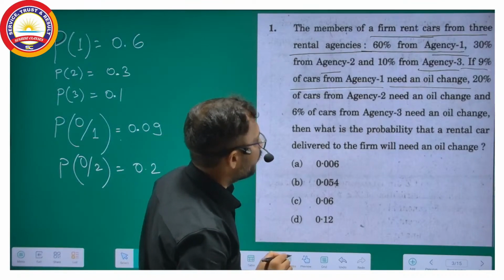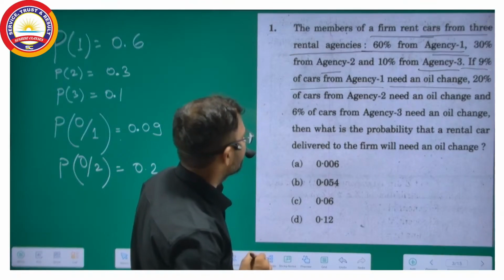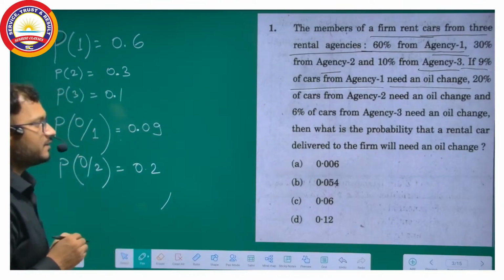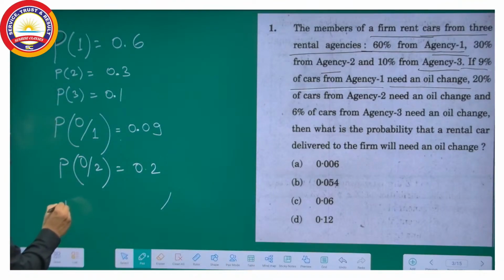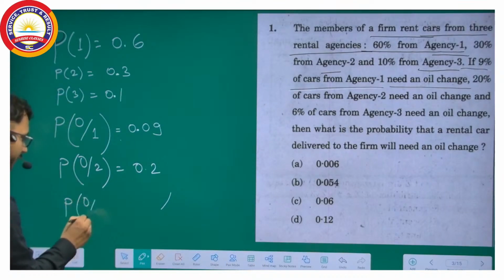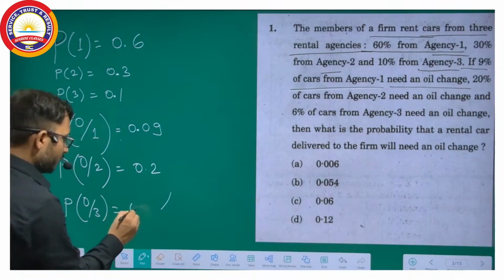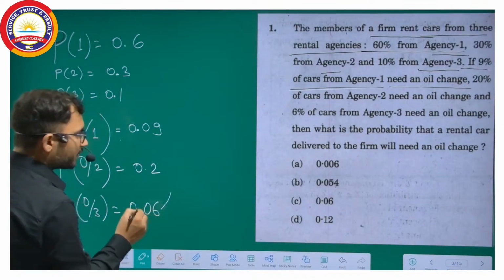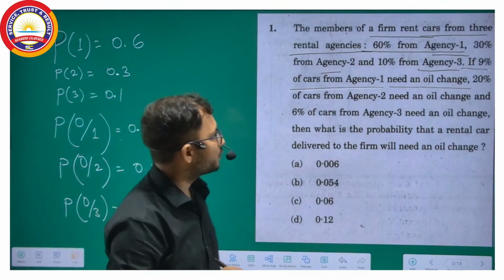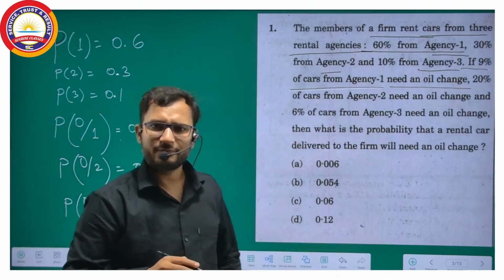And 6% of cars from agency 3 need an oil change, that means probability of O given 3 is 0.06.